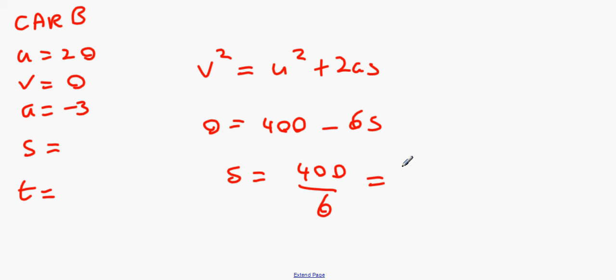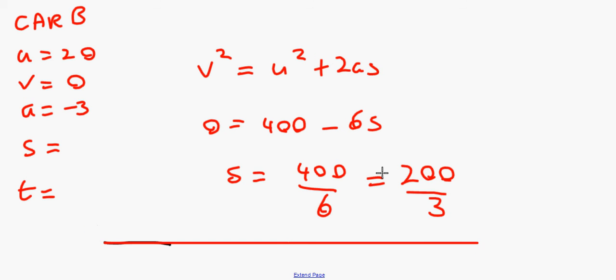So when car B decided to jam on the brakes, it first traveled 10 meters at full velocity. Then it traveled a further 200 over 3 before it completely came to rest.